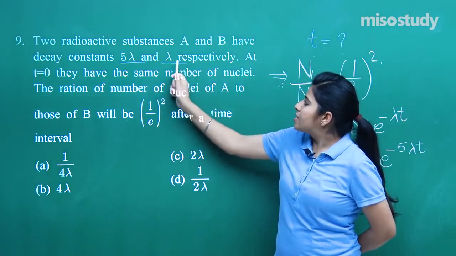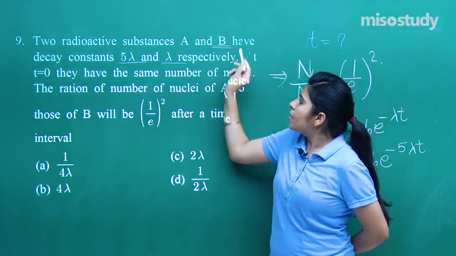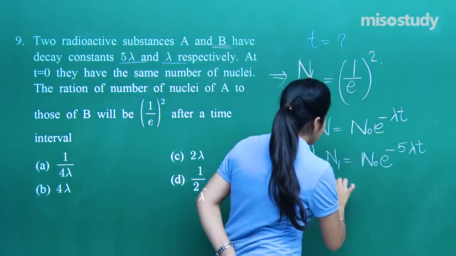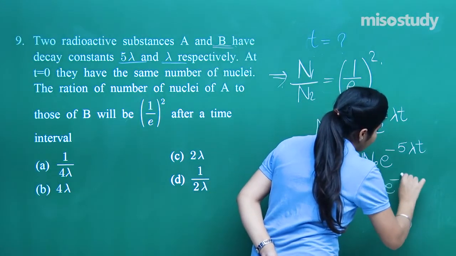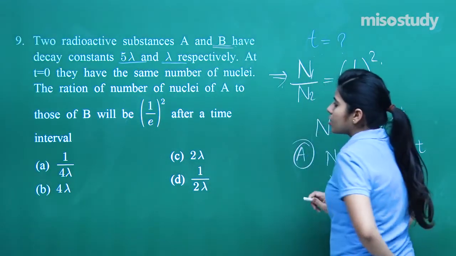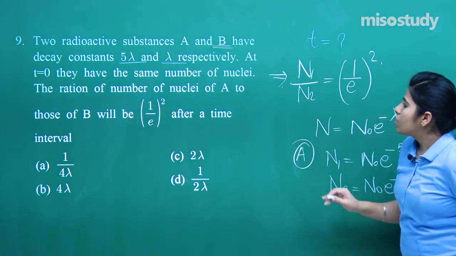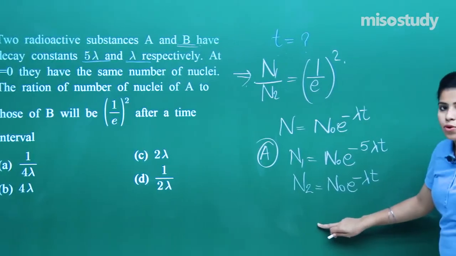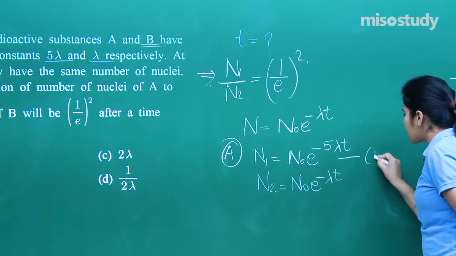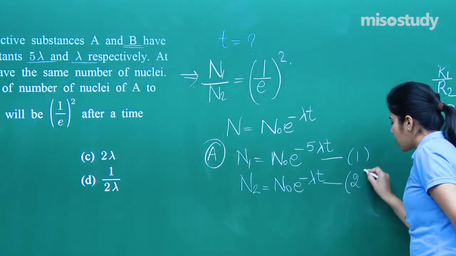For the second, that means B, the radioactivity relation will be N2 equals N naught e raised to the power minus lambda t. Now we can find a relation of N1 upon N2 from here. Suppose this is equation number 1 and this is equation number 2.